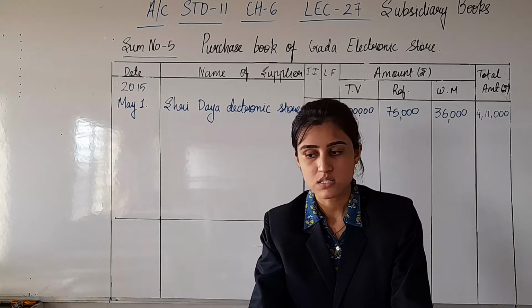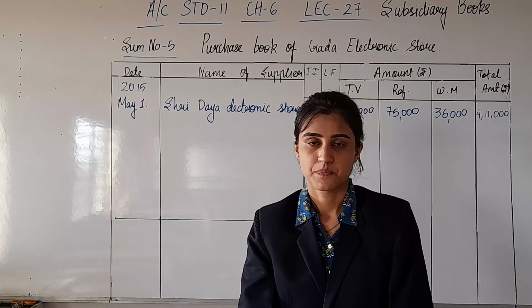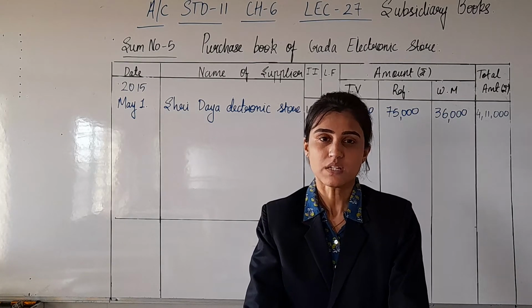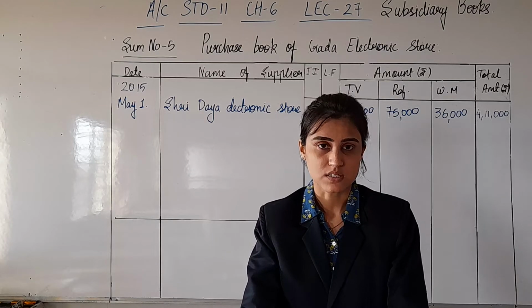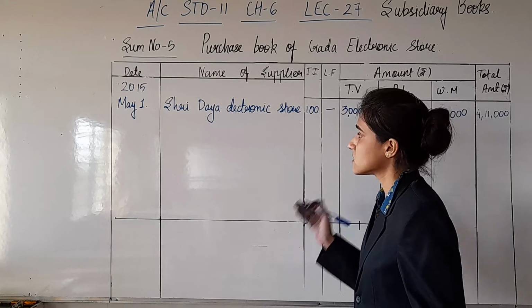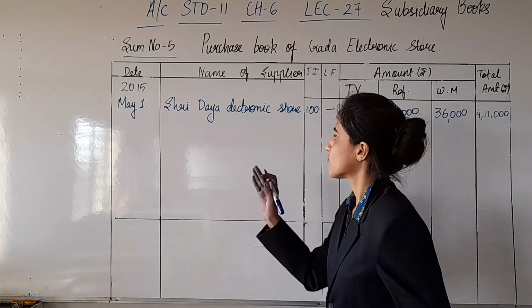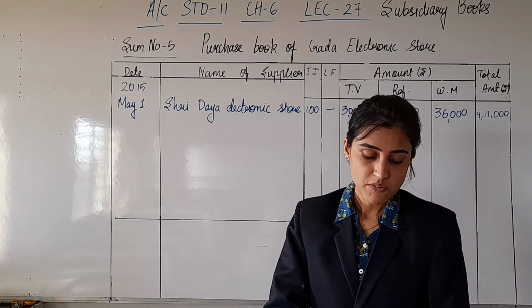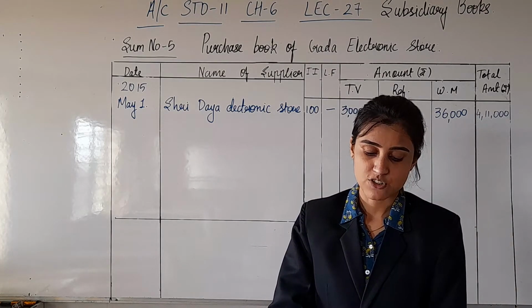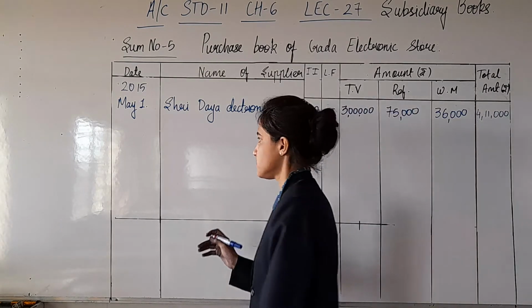That means this is a partial cash and partial credit transaction, which is to be completely treated as a credit transaction. So firstly, the first decision is that this transaction will be recorded on 7th of May, the name of the party, Tarak Electronic Stores, bill number 151.